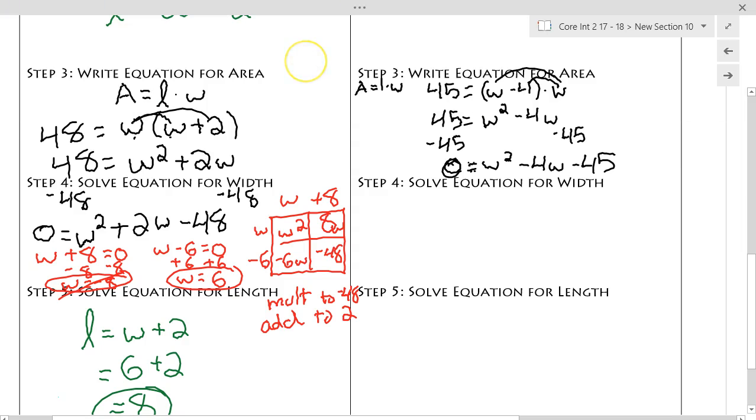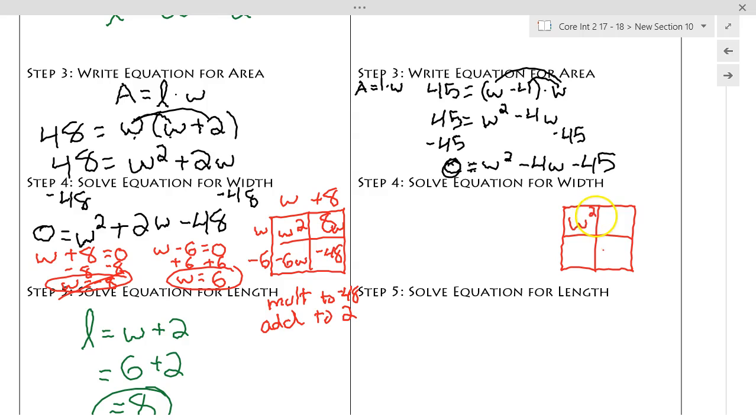Alright, so I'm going to factor. Again, I have W squared here, negative 45 here. So multiply to negative 45, add to negative 4. So my numbers that multiply to negative 45 but add to negative 4 are going to be negative 9 and positive 5, right? Negative 9 times 5 is negative 45.